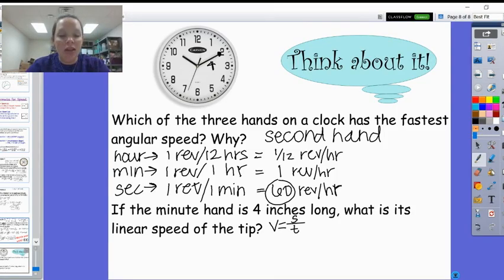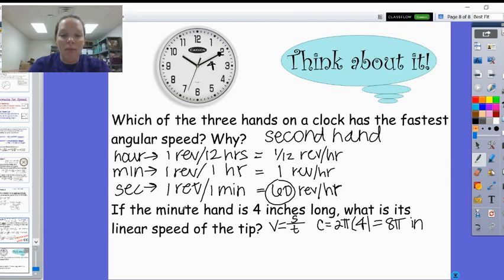So we need the circumference of the circle. Circumference is going to be 2 pi times the radius, which is 4. That equals 8 pi inches.